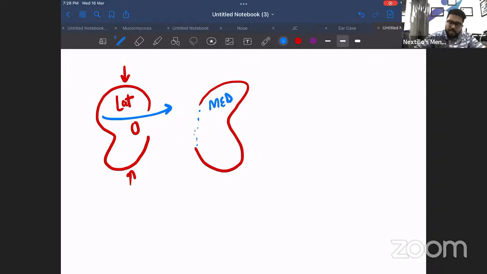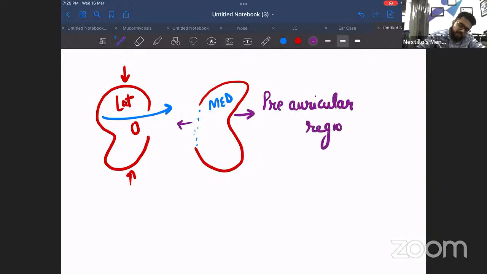Now, while we are examining the pinna, we will also have a look just in front of the pinna and just behind the pinna. In front of the pinna, we call the area the preauricular region, and the space just behind the pinna, we call the post auricular region.